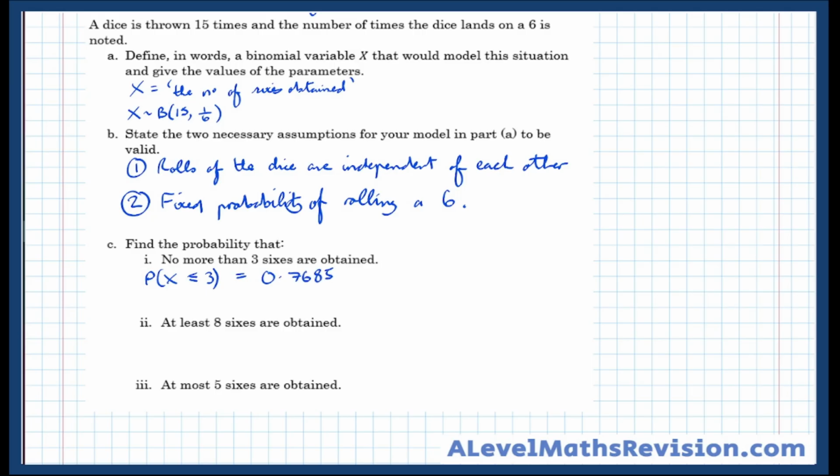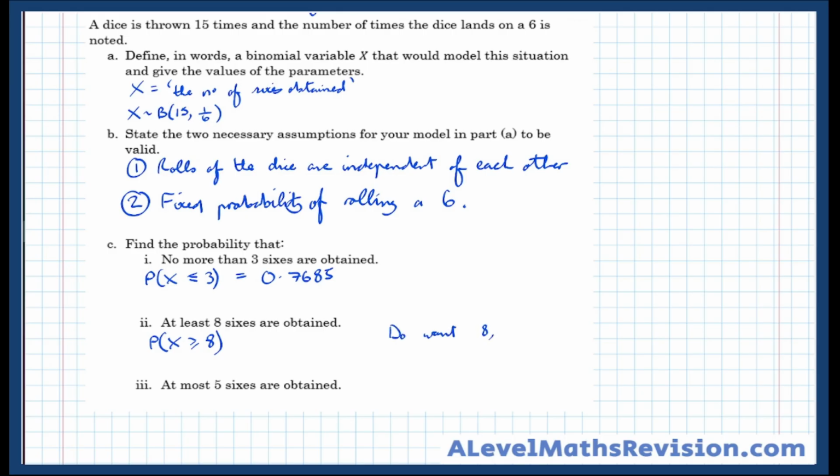0.7685. Part 2, the probability that at least 8 sixes are obtained. At least means greater than or equal to. So the probability that X is greater than or equal to 8 is what we're being asked to find out. From the previous lesson, we learned that it's best to write the numbers we do want.